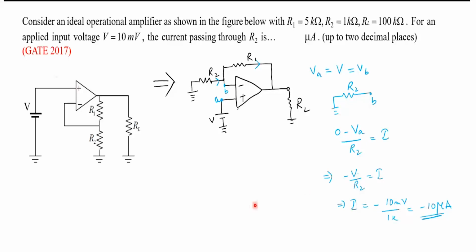Minus sign is coming because the direction which I have considered is not correct. I have to take the opposite direction like this. That's it.